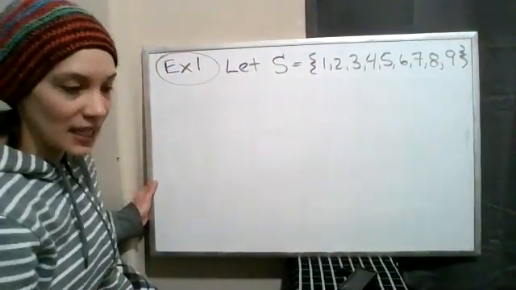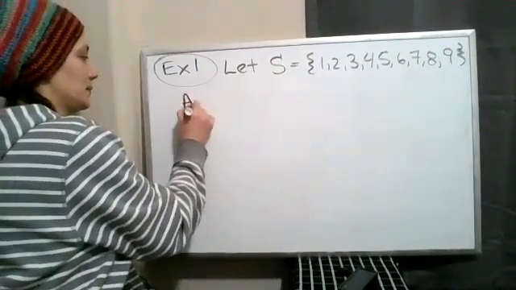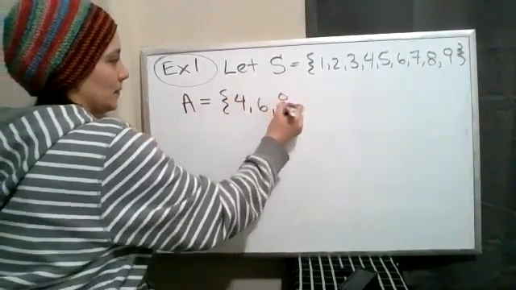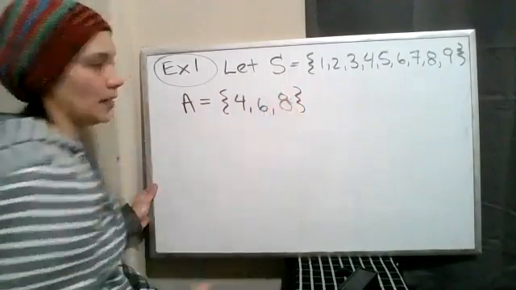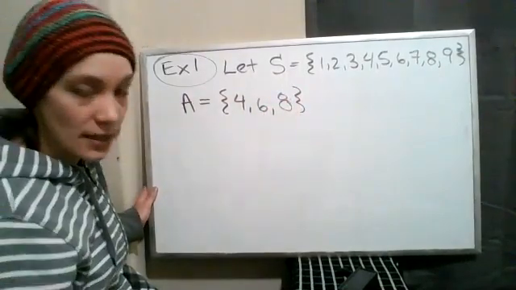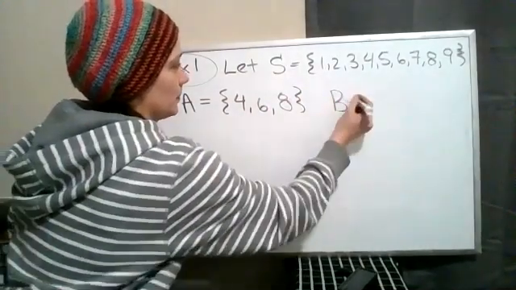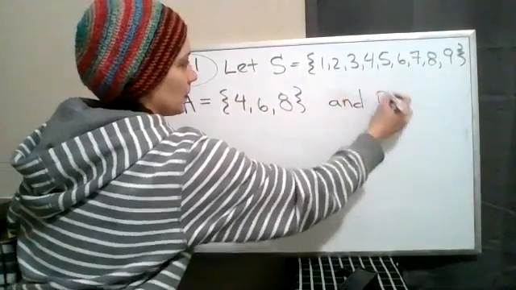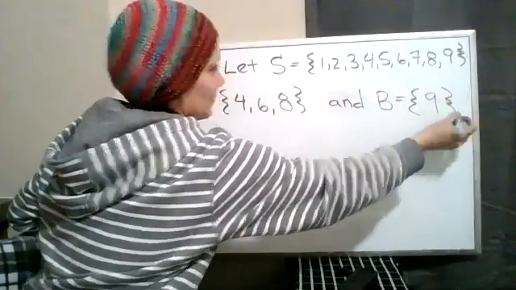A is the set that contains 4, 6, 8. B contains 9. Okay.